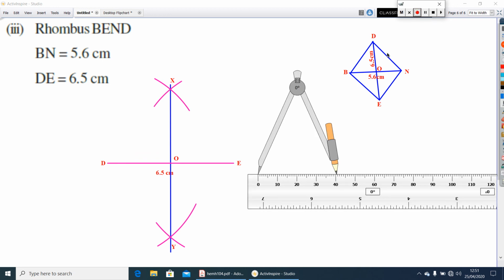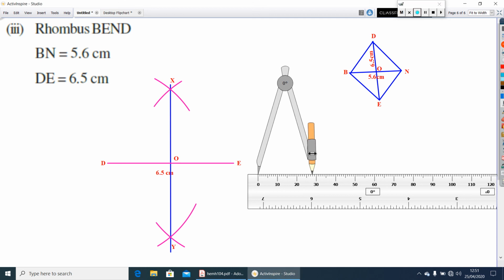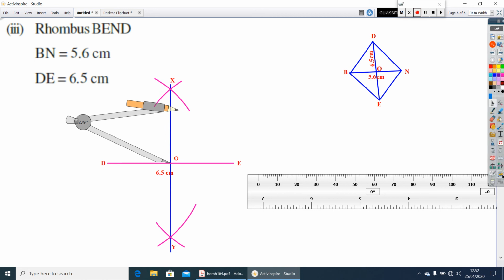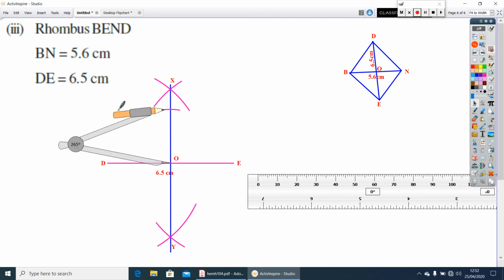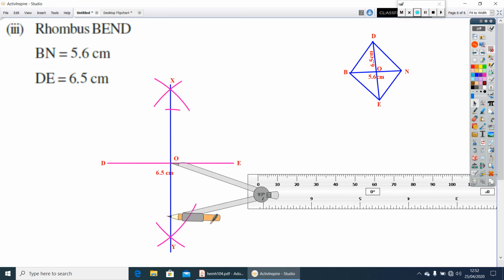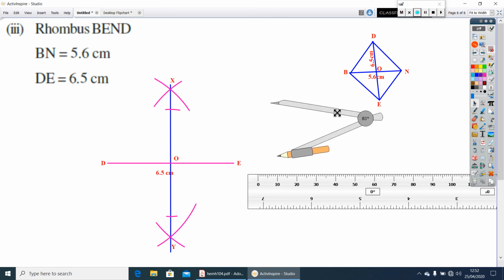So with the center O, take 2.8 radius and intersect XY in 2 points. These 2 points are B and N respectively.